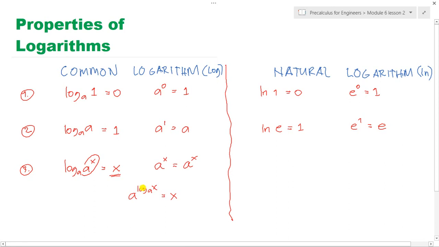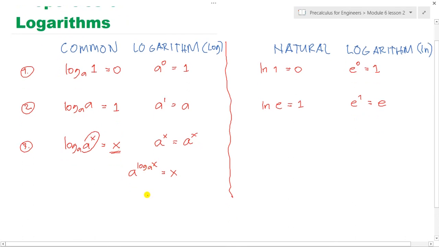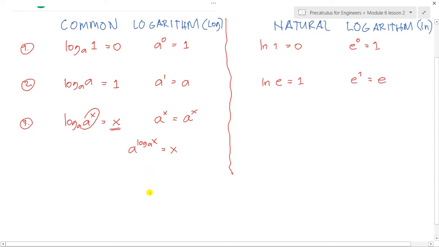So diba ang number gi-raise siya into its equivalent logarithmic exponent. Now, kung ato na siya i-simplify by taking the logarithm of both sides. So, let's say this is the log of this side and also the log of the other side para matangtang ang exponent.